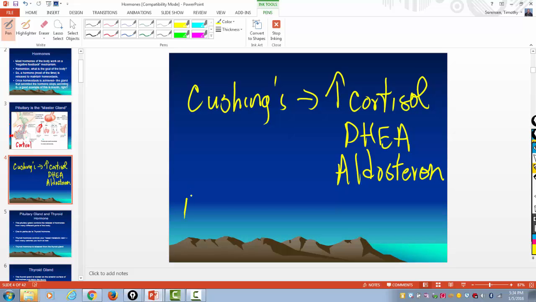In Addison's disease, you got to add hormones. Why do you got to add hormones? You ain't got enough. So it's basically the opposite. You have decreased amounts of cortisol, DHEA, and aldosterone.